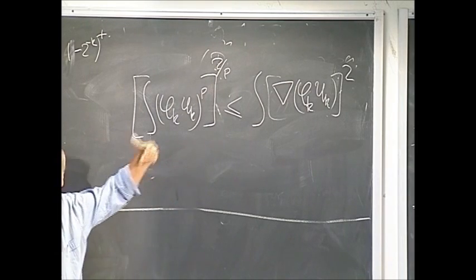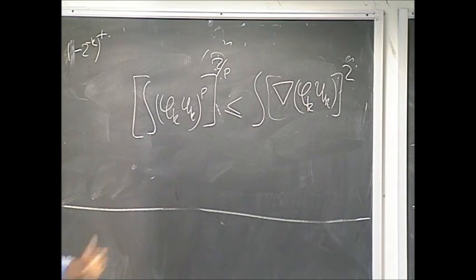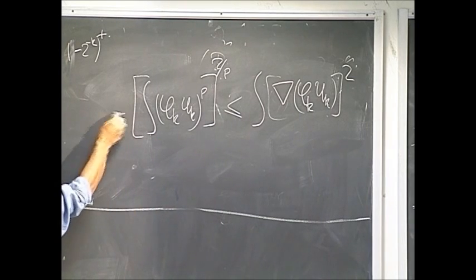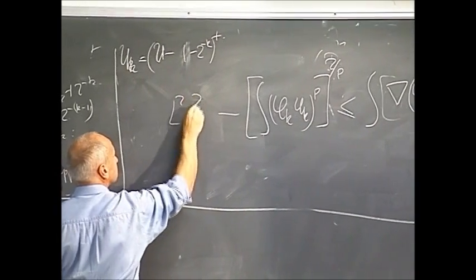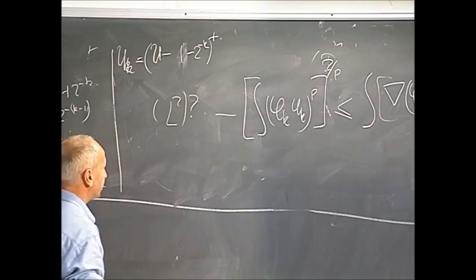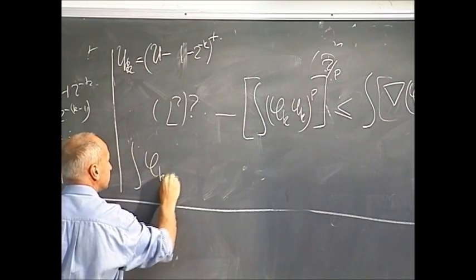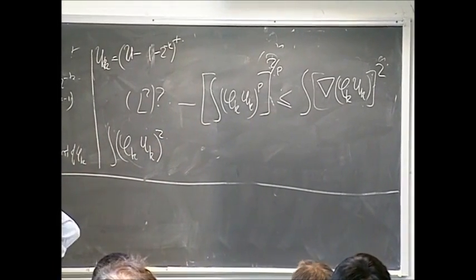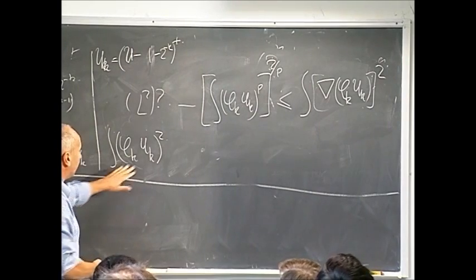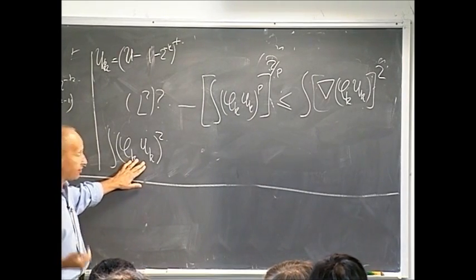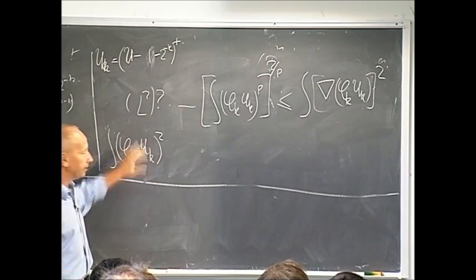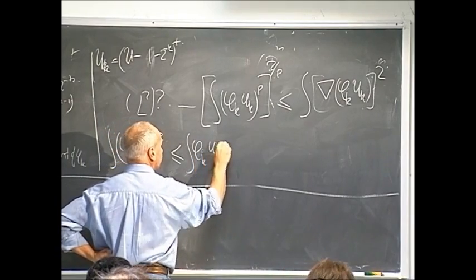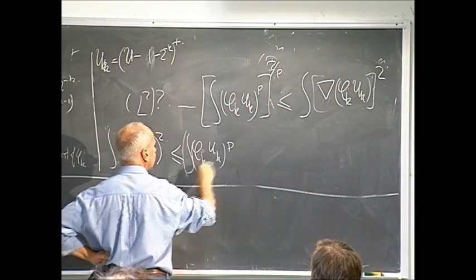So here is where I have to exploit the fact that the homogeneity is not the same. So here I want to put the L2 norm. Okay, so I say the L2 norm, I use Hölder, right? I use Hölder with phi k uk and with 1, that is with the indicator function of the support of this. Okay, so I get here, this is smaller or equal than the integral of phi k uk to the p, to the 2 over p, right?